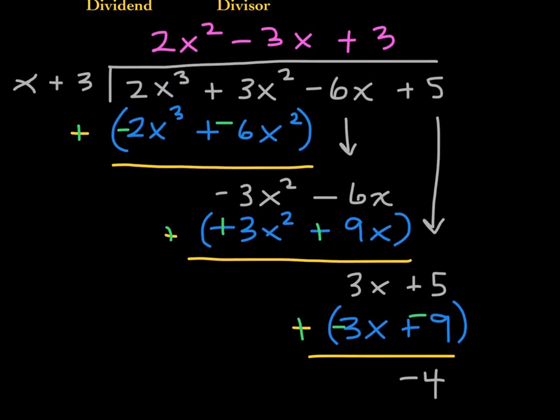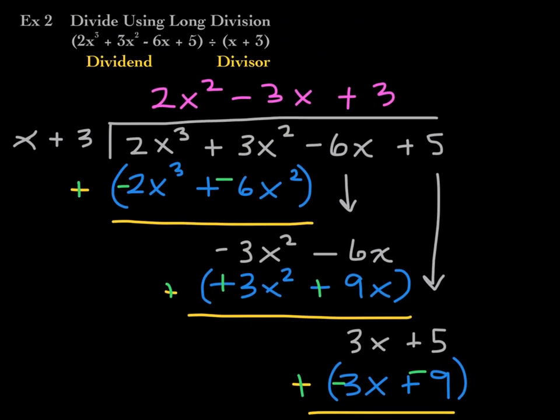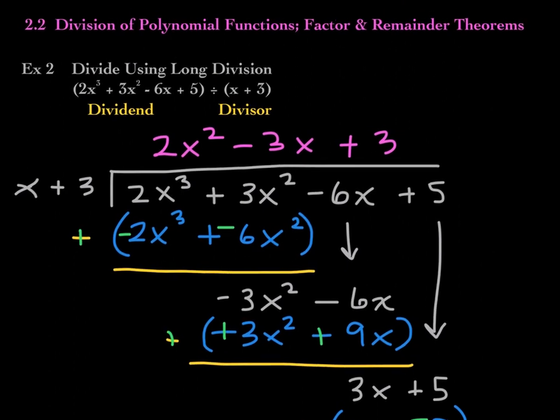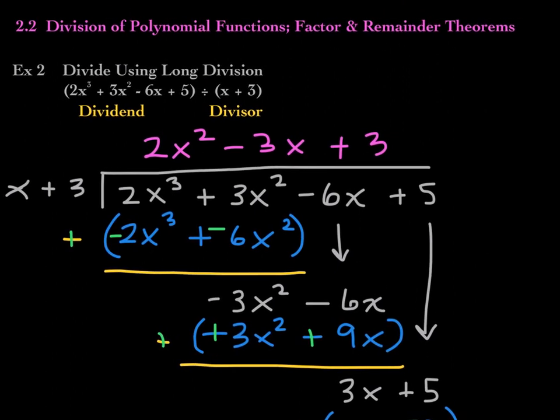Let me come up here to the original problem, okay? There. So our final answer is 2x squared minus 3x plus 3 with a remainder of negative 4.